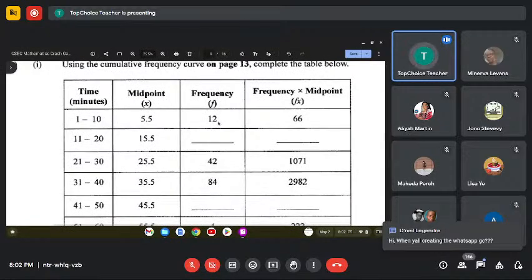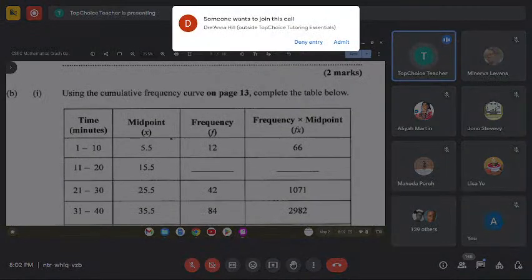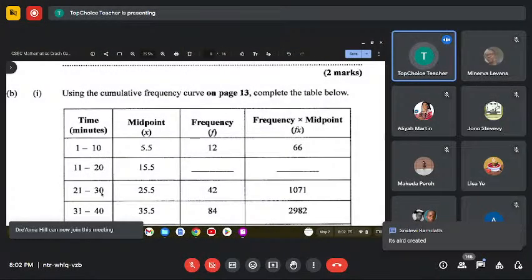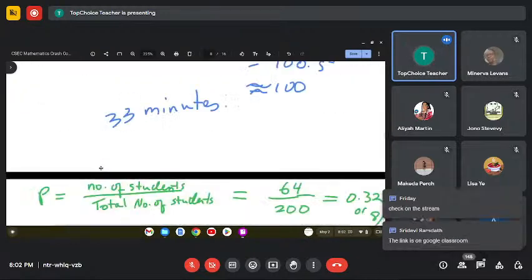This is a hard question, I'm not underselling it. You're going to look at the 10 on your time axis, the x-axis, and figure out the cumulative frequency associated with 10. You would do the same for 20, and the same for 30. Let's do it for 20. What would be the cumulative frequency associated with 20 minutes?